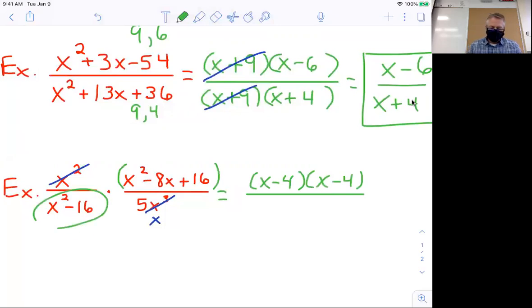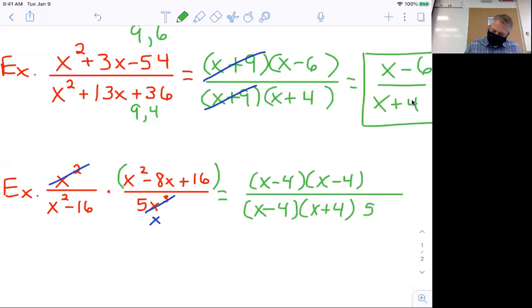We need to factor this guy, the x squared minus 16. That's a difference of squares. So that's going to factor into x minus 4, x plus 4. And don't forget, we also have the 5x on the bottom, okay, from here.